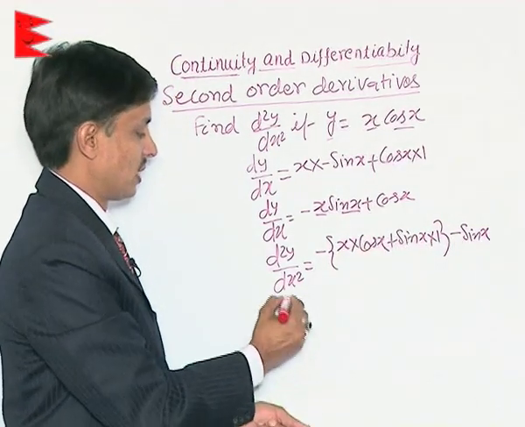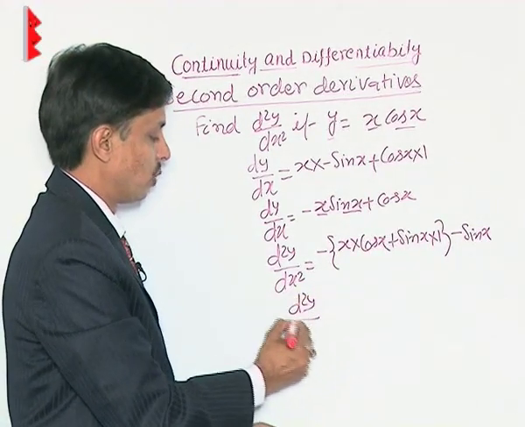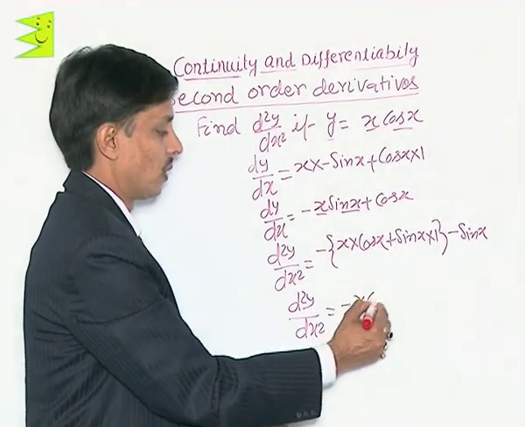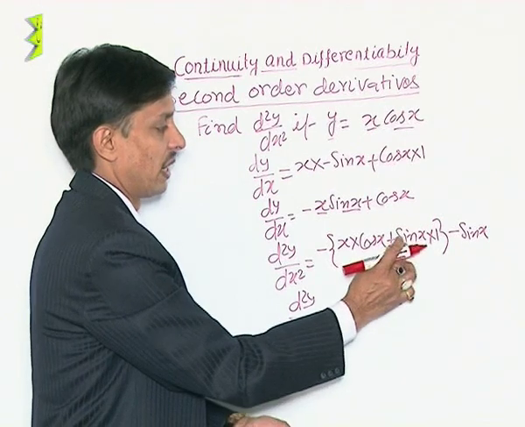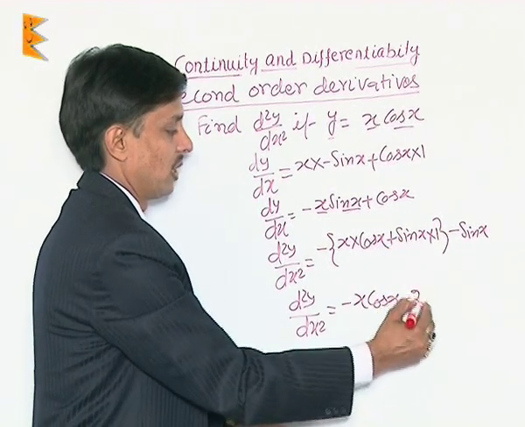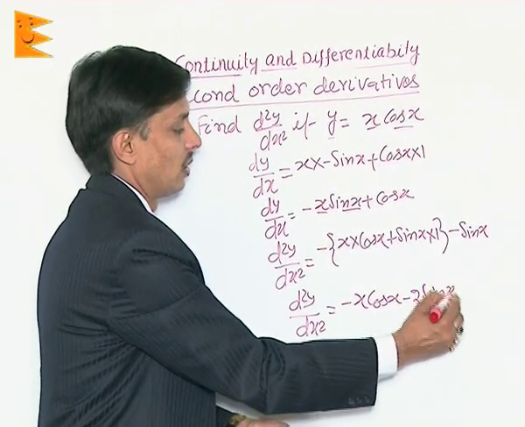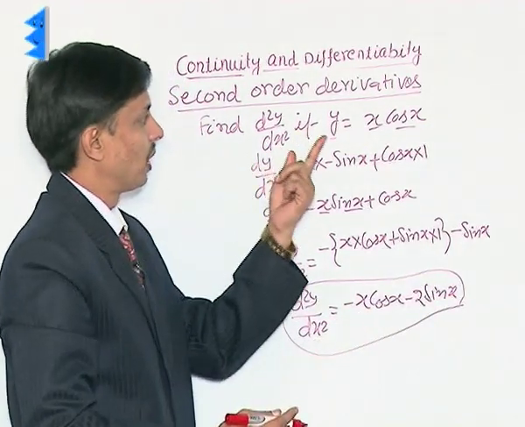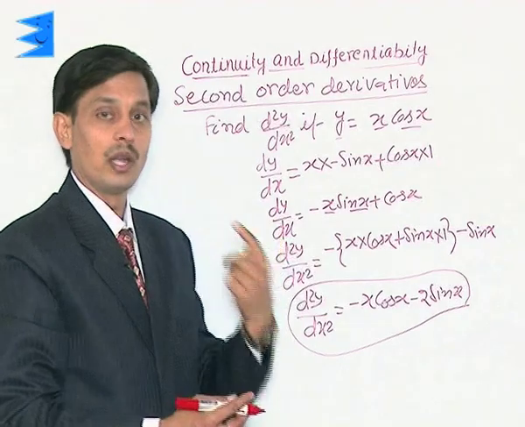So ultimately, the final answer is d2y upon dx square is equal to minus of x cos x minus sin x minus sin x, that is minus x cos x minus 2 sin x. This is the answer of the problem, that is the second order derivative.